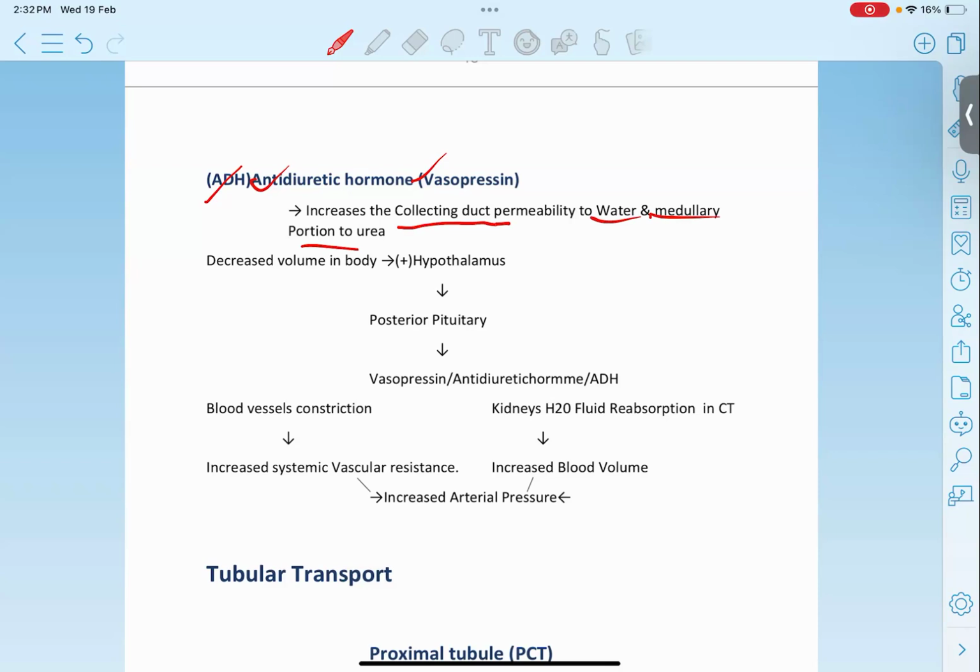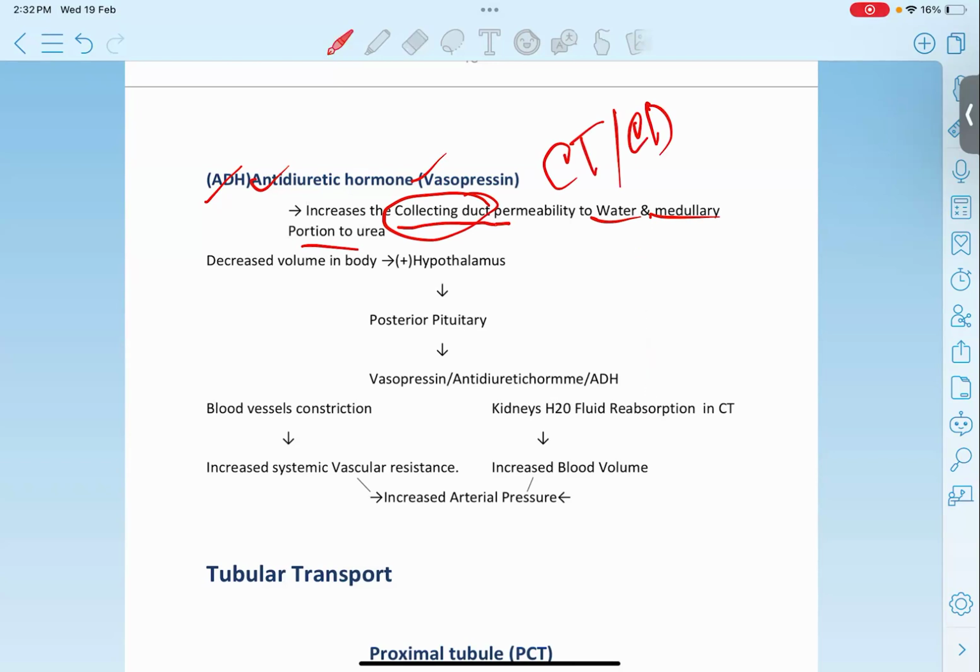The function of antidiuretic hormone only works in the collecting duct. Aldosterone works in the distal DCT and collecting duct or collecting tubule, same thing. But ADH only works in the CT or CD, and it increases the permeability.